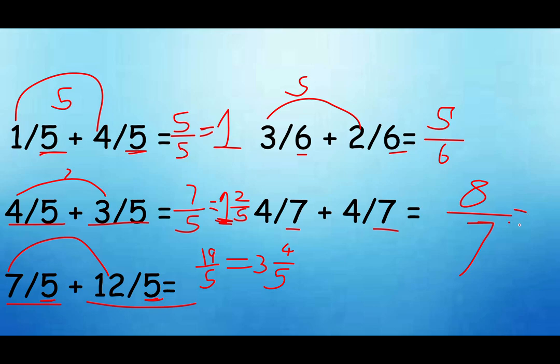Then that converted into a mixed number is: there is 1 group of 7 in 8, so 1. There is 1/7 left over, so 1 and 1/7.